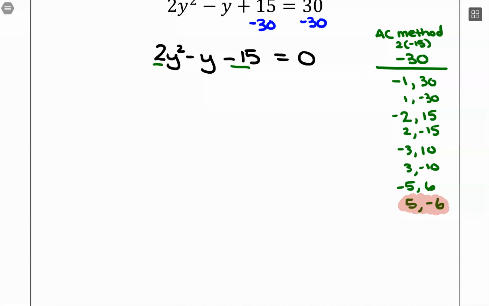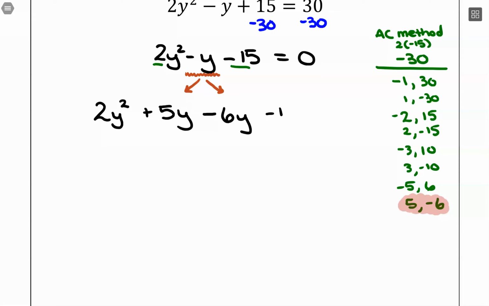So what I do with the AC method is find values to help us rewrite that middle term of negative y. We take that negative y and split it into two terms. We keep 2y squared, which stays exactly the same. And instead of writing negative y, I'll have positive 5y minus 6y.